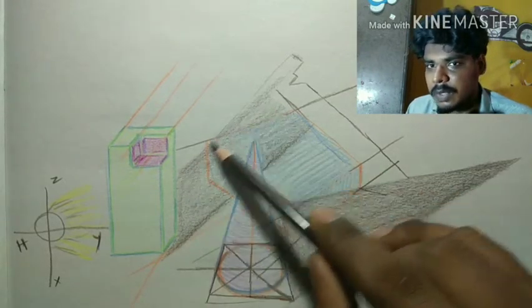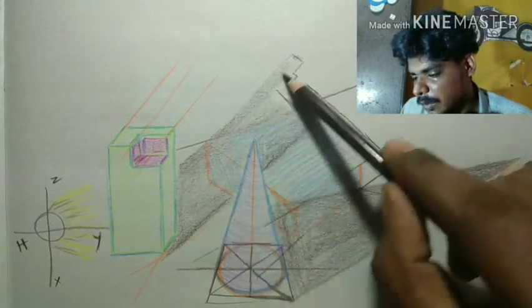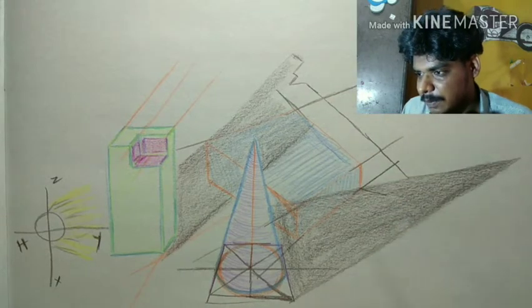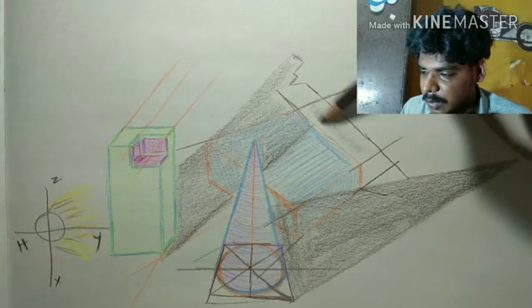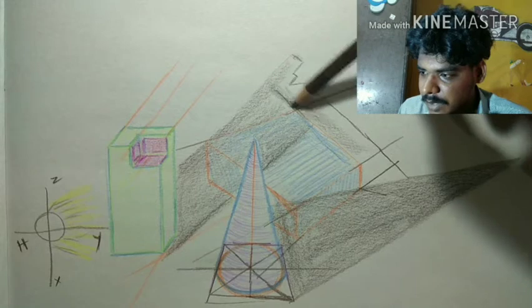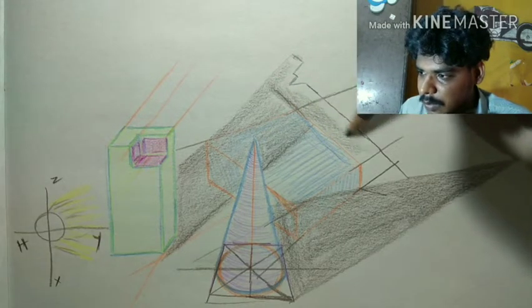So whichever kind of light you are using in a realistic drawing or some other mode, the projected shadow will reflect only in the direction opposite to the light. That is what shows you a realistic drawing.